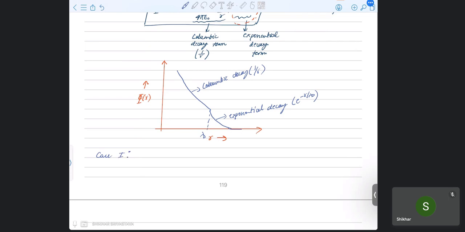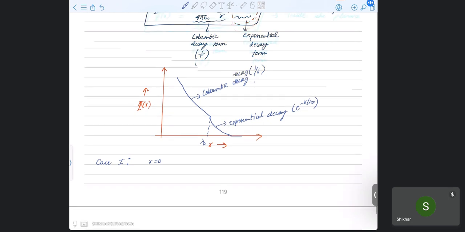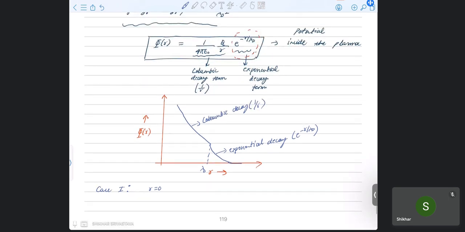Case 1, r is 0, that is at the test charge itself. When we put r equal to 0, your phi of r, the exponential term will become not exactly 0, but when r tends to 0, I will put it later because you cannot reach exactly 0.